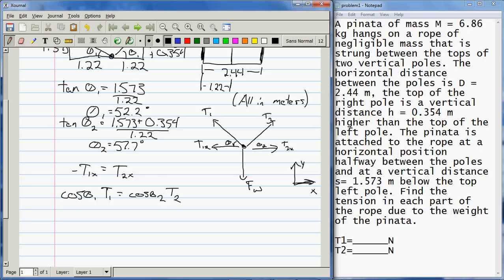And can't forget this negative here. So I'm going to solve for T1. You'll see why later in the video, by dividing by negative cosine theta 1.